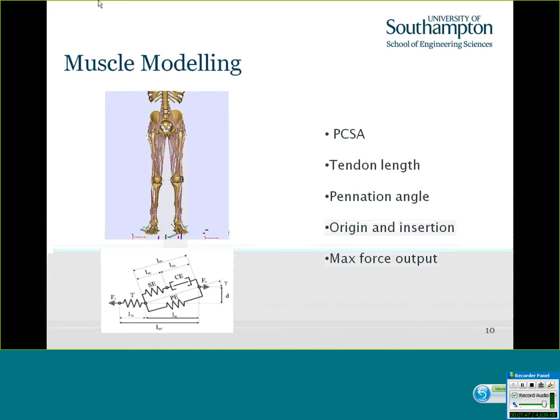However, a lot of these muscle forces, the cross-sectional area, the tendon length, the pennation angle, are all taken from this one generic anthropometric set. So again, there's room for some error in the transfer across to the rest of the population. However, here at Southampton, we're trying to use some techniques in order to scale our muscle predictions more accurately.